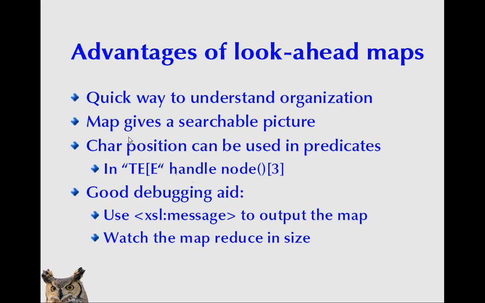Also, because I've got one character per node, I can say, oh, in the third position I have an open bracket, and so if I would use node and then the 3 as a predicate, this expression would return me that node. And so it was a fast way of accessing the information.